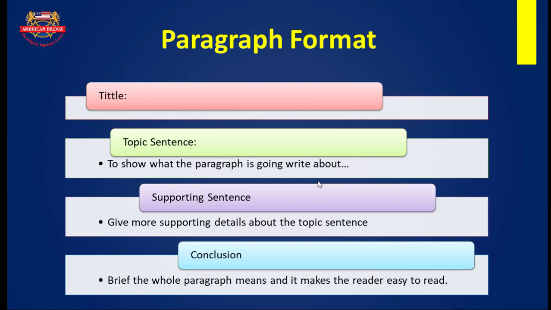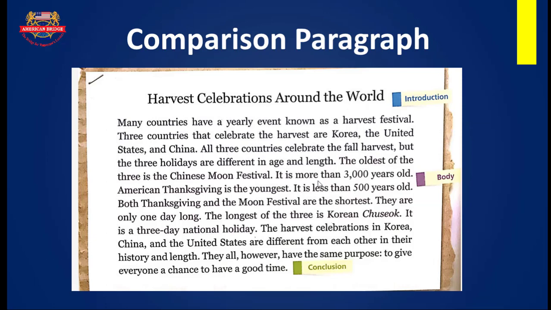So this is the sample paragraph. Let's check our lesson today, everyone, about the comparison paragraph: Harvest Celebration Around the World. Last time we talked about American Thanksgiving, the Chinese Moon Festival, and in Korea we call it Chuseok.